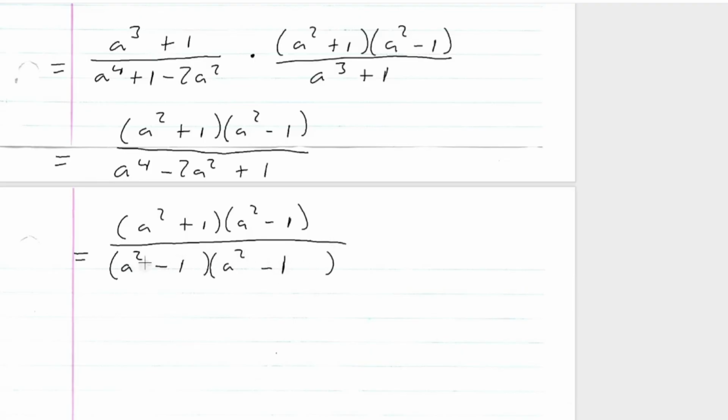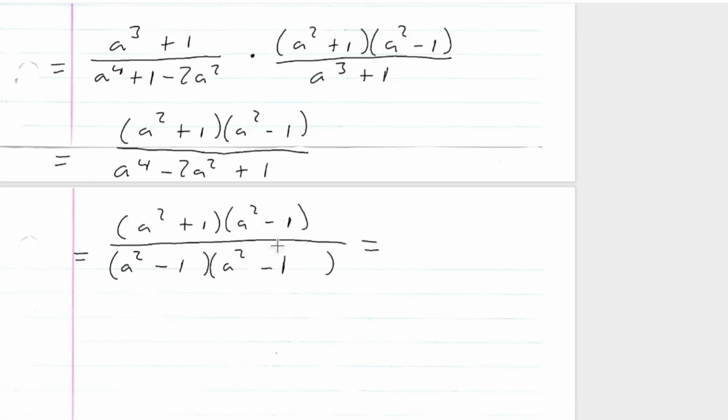A squared times a squared is a to the 4th. A squared times negative 1 is negative a squared. Negative 1 times a squared is negative a squared, so I'll have 2 negative a squareds, right? Negative 2a squared. And then I'll do negative 1 times 1, which is 1. So this is the same as this guy here. And then I have a squared minus 1.